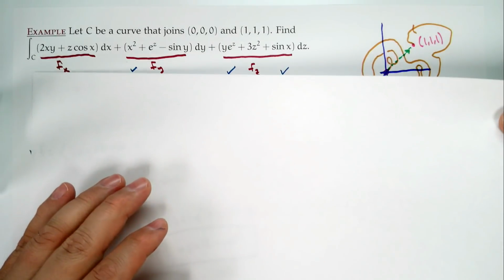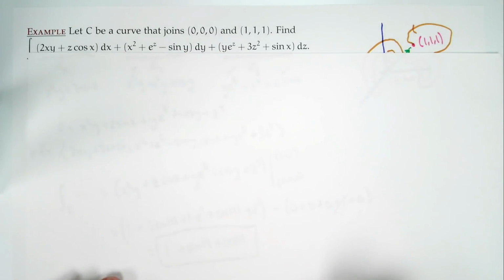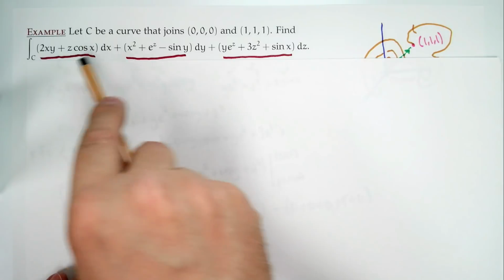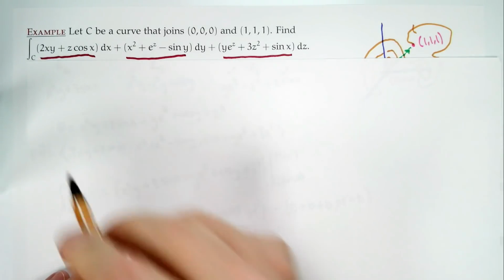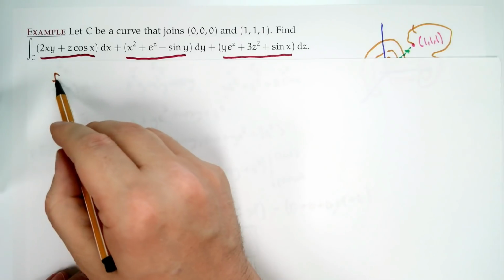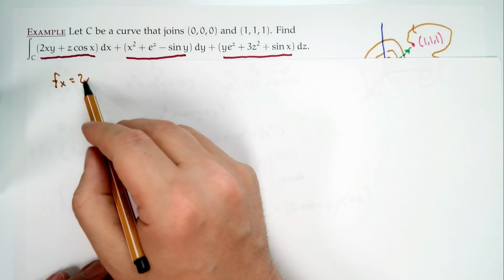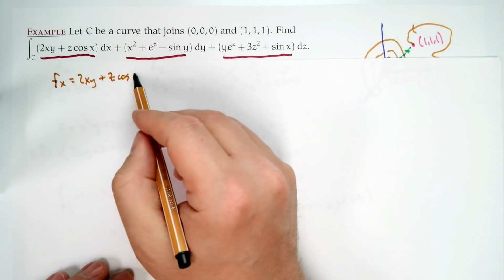So let's go through the building up variation. So we're going to go through this. What we currently have is we're going to work our way through all three of these and see what we get. So we start by saying, well, let's just use the first entry. F sub x is 2xy plus z cosine of x.